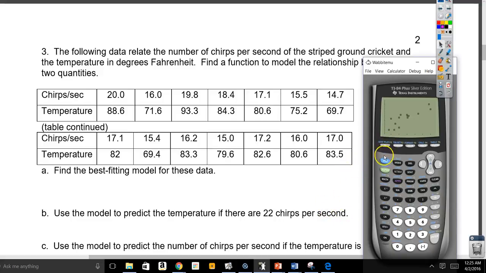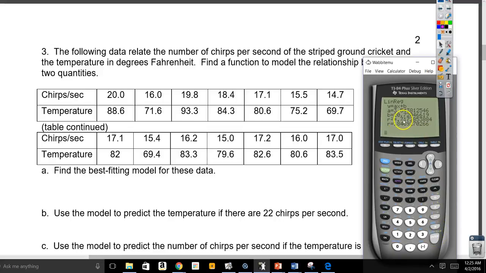So let's first start with stat calc 4 and do L1, L2, comma, vars, y vars, 1, 1, enter.